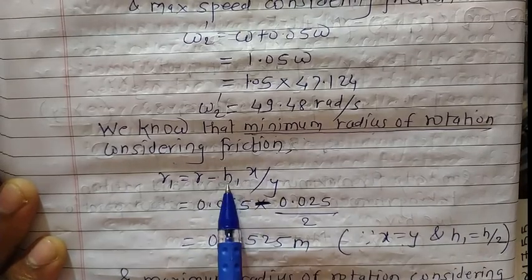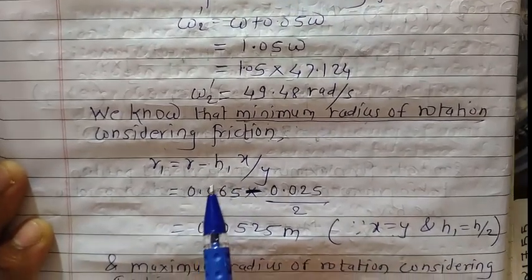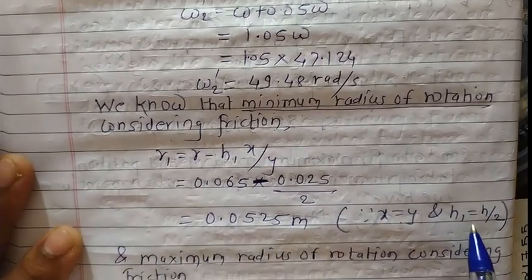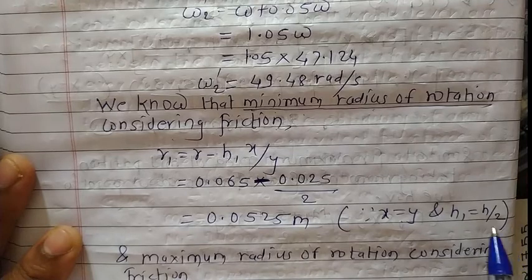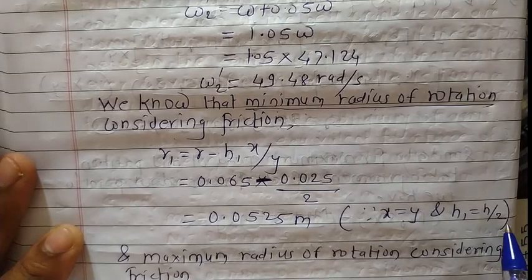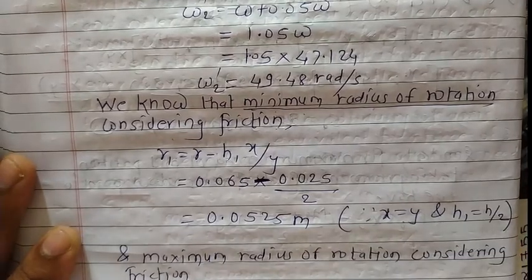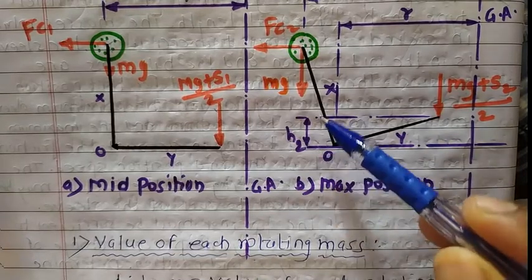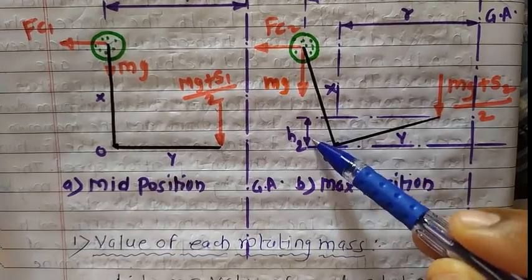So what about this h1? The total displacement of the sleeve is h, so h1 is nothing but half of that h. If you look at the diagram, this indicates h2.